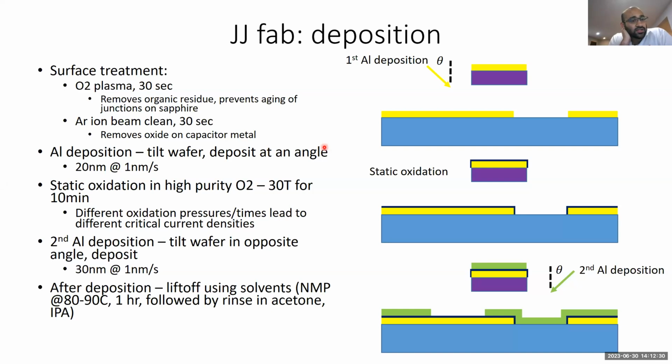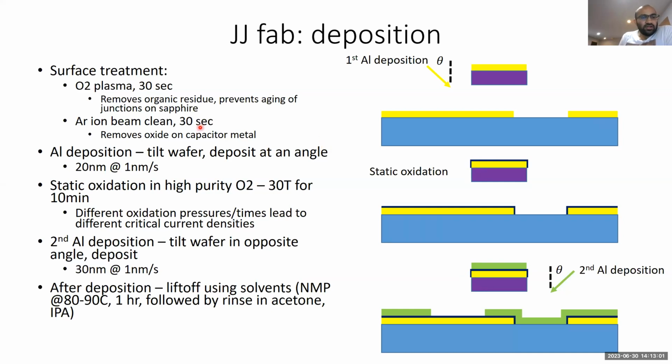The other surface treatment is an argon ion beam clean. This is especially important if you're doing the two-step transmon fab that I've been showing you, in which case you want to remove the oxide that is grown on your capacitor in that contact area where your junction pattern overlaps with your capacitor pattern.